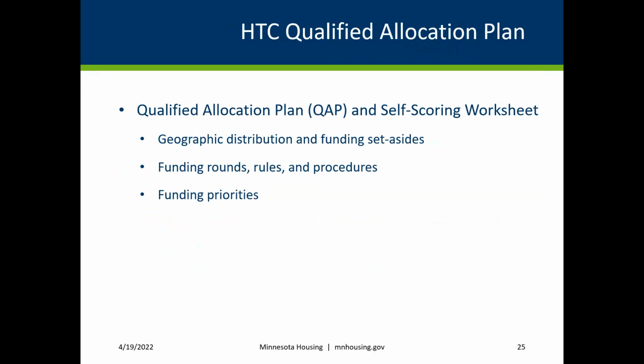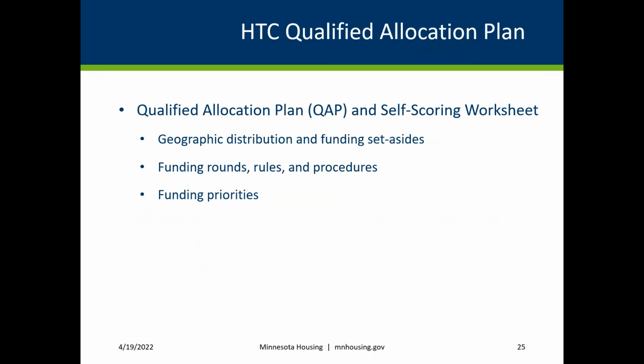Minnesota Housing's QAP is made up of the QAP document and the self-scoring worksheet. These documents detail the rules for how HTCs will be distributed throughout the state, what types of projects will be eligible for set-asides of credits, how funding rounds will be administered, what rules and procedures applicants and Minnesota Housing must abide by, and what priorities we will be using when considering projects to be funded and selected.